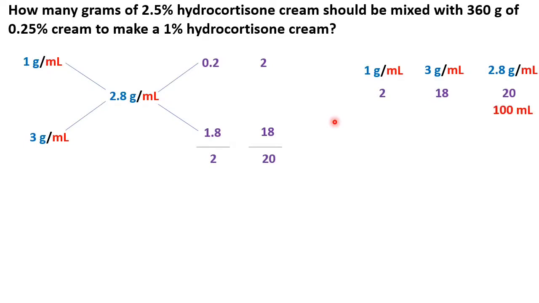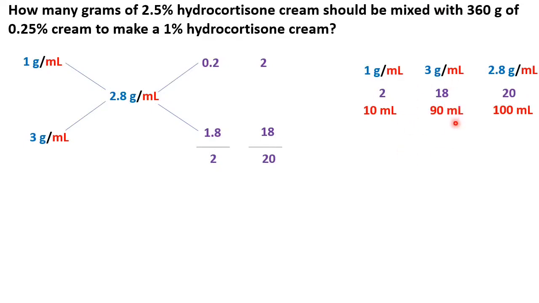So we multiply 100 times 2 over 20, and we get that we need 10 milliliters from this solution. We can also multiply 100 times 18 over 20, and we get 90 milliliters from this solution.